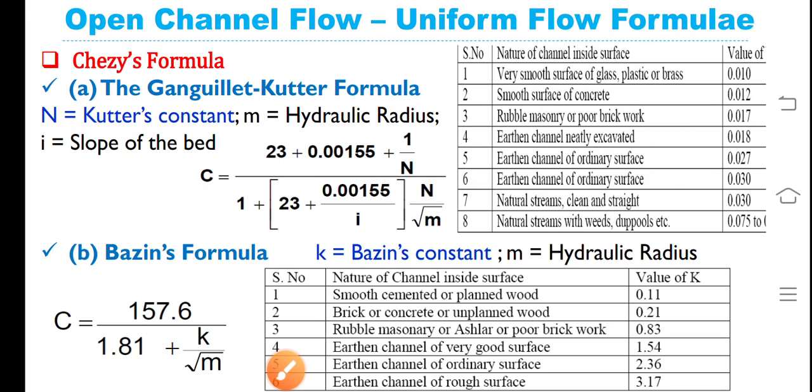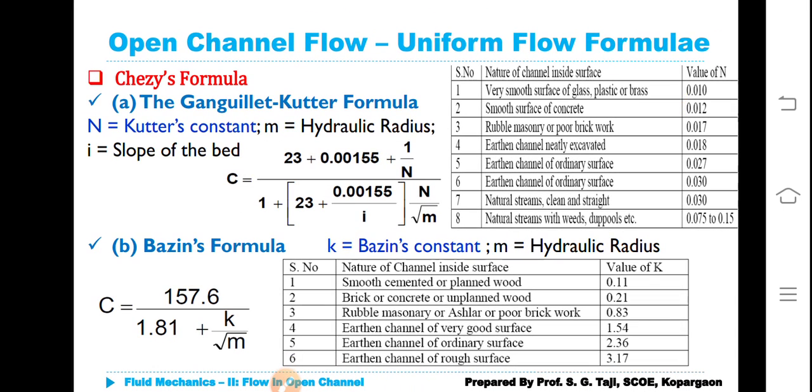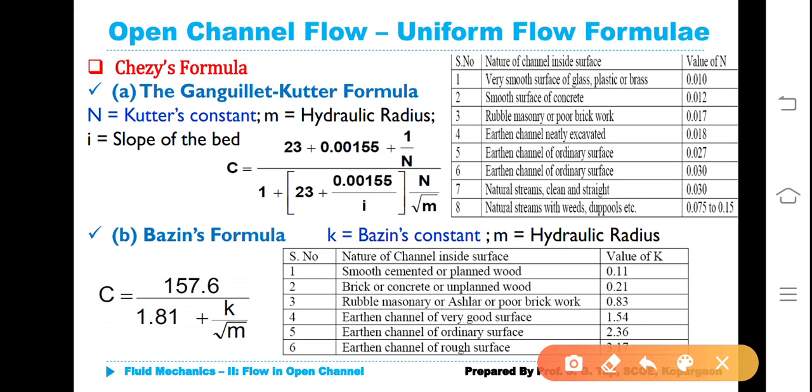N is Kutter's constant, m is hydraulic radius. The value of N, Kutter's constant, varies from 0.01 to 0.15.